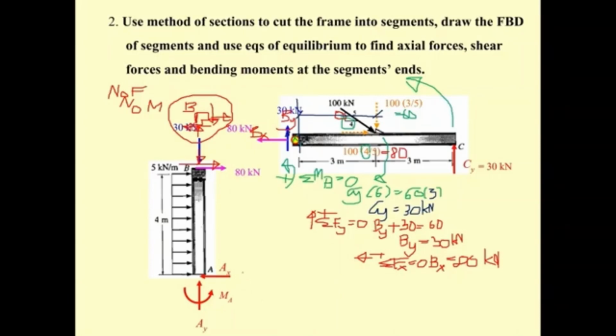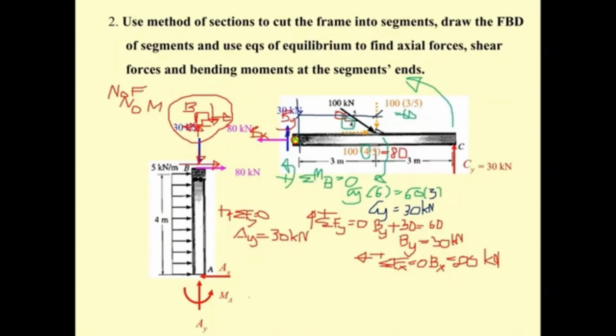And if you like, you may use summation of F sub y equal to 0, up is plus, and then you get the A sub y, which is going to be equal to 30 kilonewton. So the A sub y is 30 kilonewton, upward equal to the downward.